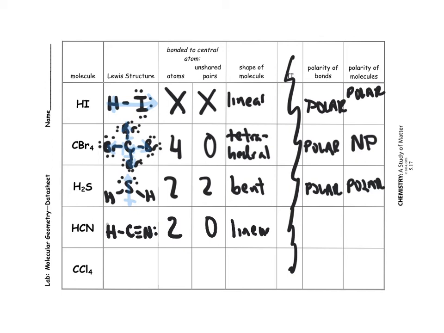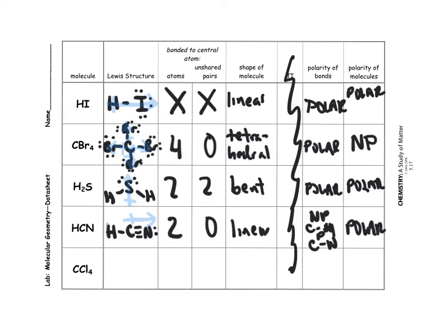You have the C-H bond, which is nonpolar, but you have the polar bond between C and N. So this molecule ends up being polar because everything is pulled in this direction towards the N. So that's kind of a tricky one.